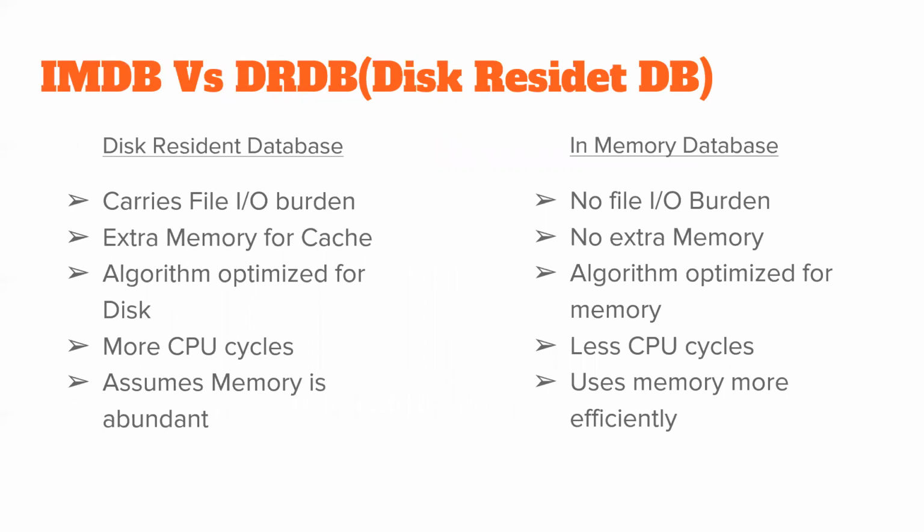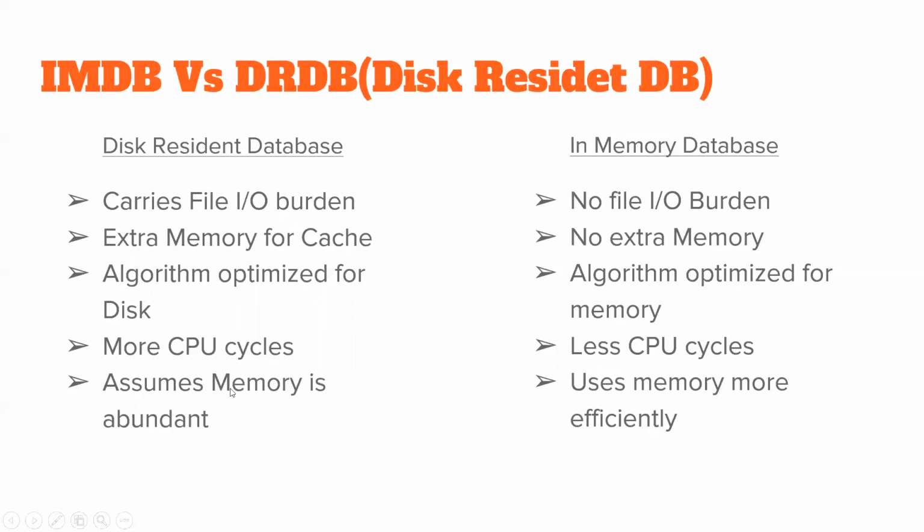Let us see the comparison between in-memory database systems and disk resident databases. Firstly, the disk resident database carries file IO executions and requires extra memory for cache. The algorithm is optimized for disk.